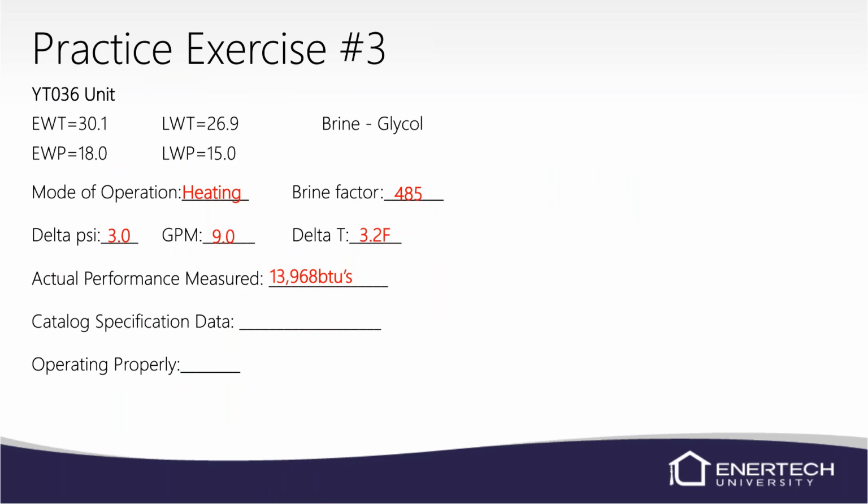So we were measuring 13.9 in the book at 22.7. Obviously, we're not within 10%. So no, it's not operating properly. If I saw this, okay, so 3-ton unit, we're moving about 2/3 capacity. So we're missing about 7,000 BTUs.